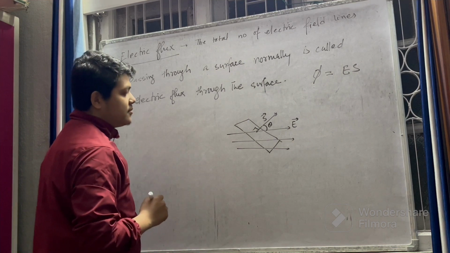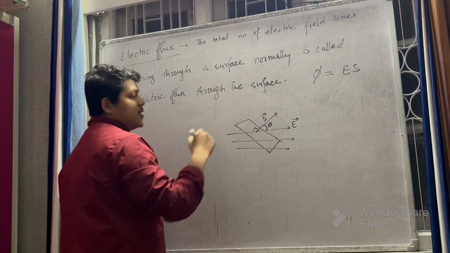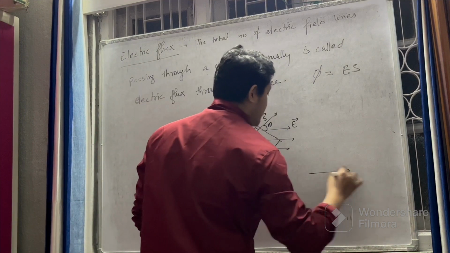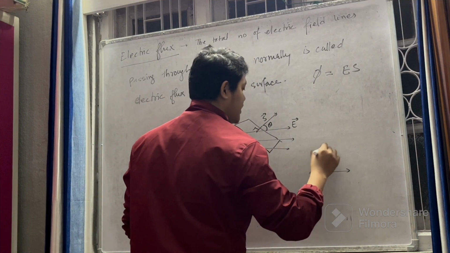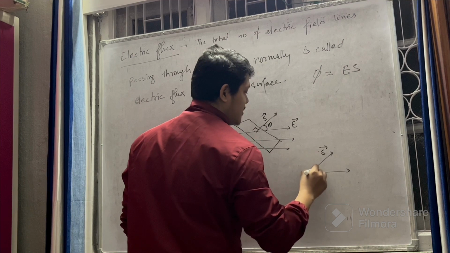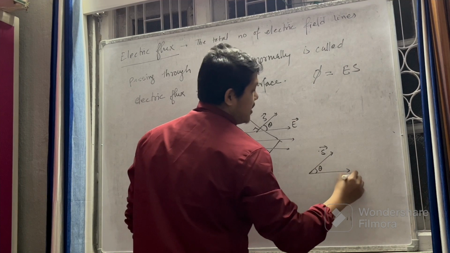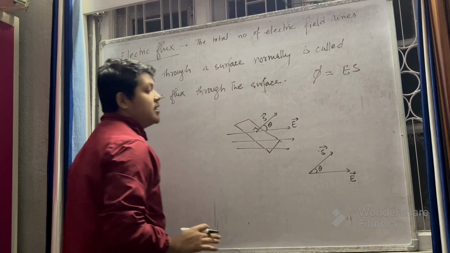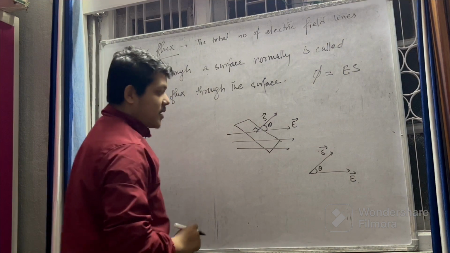Now you see, this is the area vector and this is theta. This is the electric field vector. It can be resolved into two components, right?